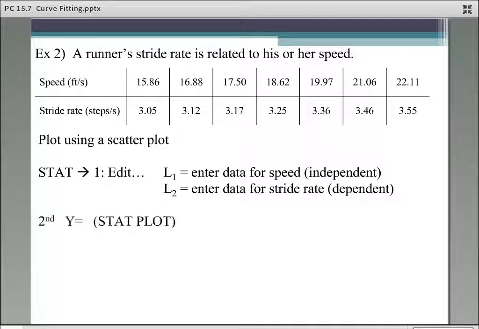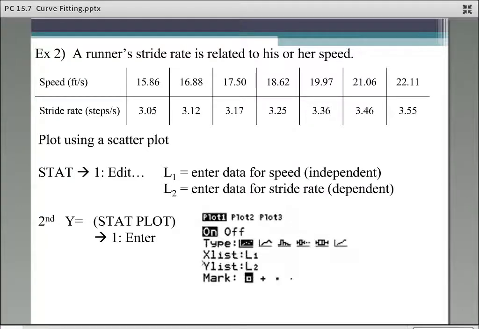Then you're going to hit the second button and then Y equals, those are the two in the left-hand corner, to bring up stat plot. With the one highlighted, hit enter.